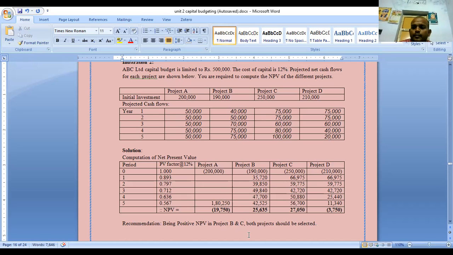So recommendation is project B and C should be selected.